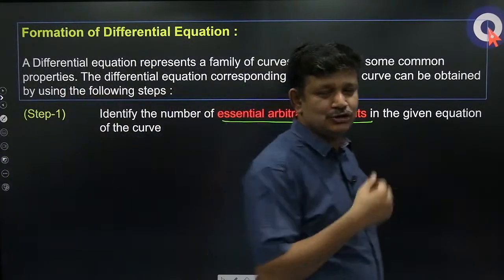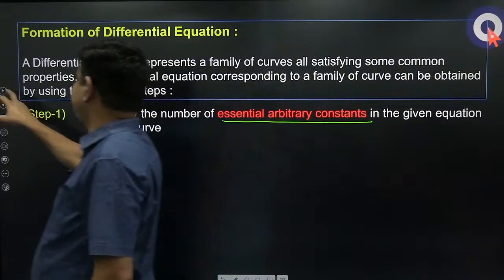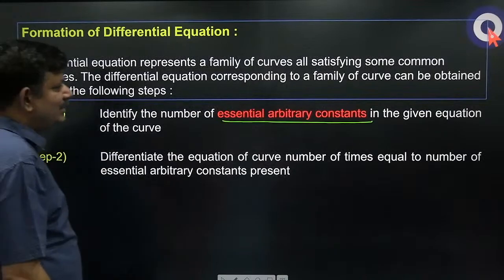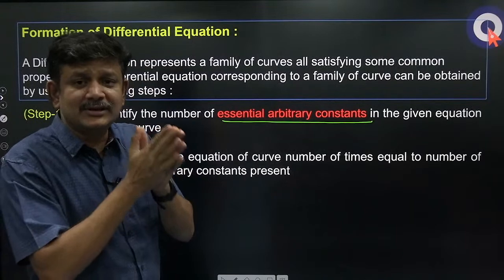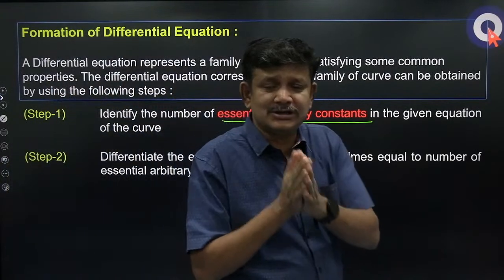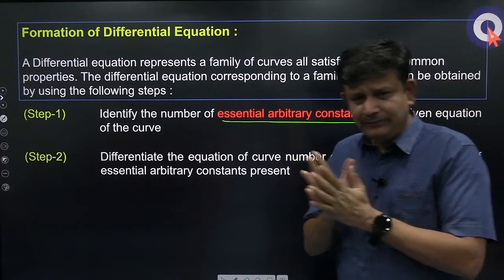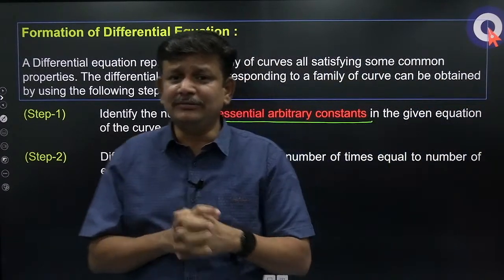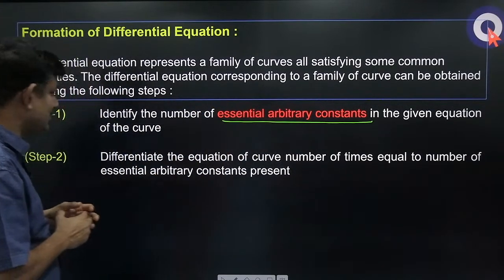I'll show you in the next numerical. ठीक है? Then once you identify it, the number of essential arbitrary constants will be equal to the order of the differential equation.